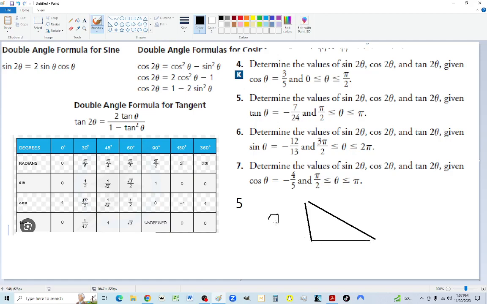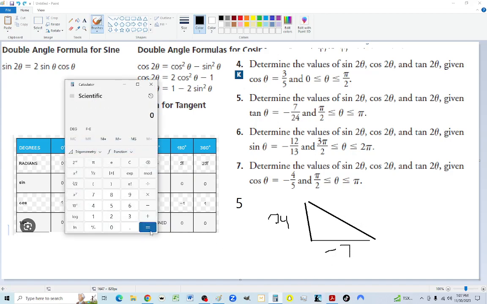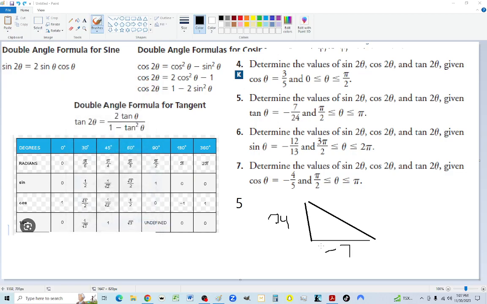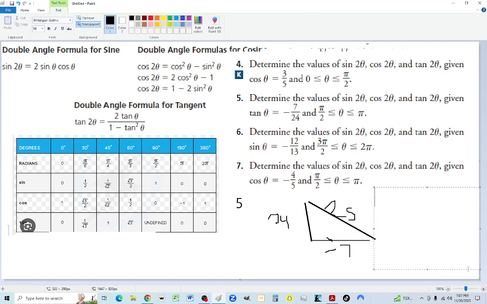So the opposite 24 over minus 7, which means the hypotenuse is 7 squared plus 24 squared, square rooted, which is 25. Which means the sine x is equal to 24 over 25. Cos x is equal to minus 7 over 25. And tan x is given.